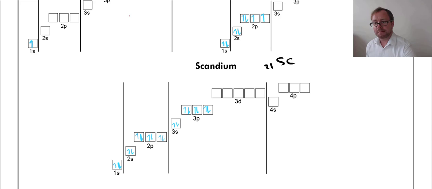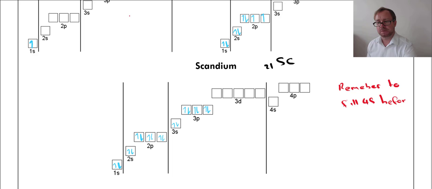So remember to fill 4s before 3d. You can see that it actually has lower energy, or represents as lower energy here. So I will fill my 4s, and I have 1 left over, so 1 electron goes into my 3d.